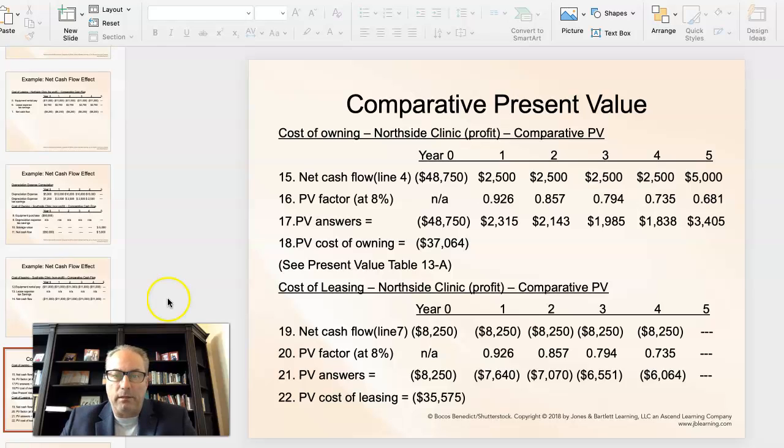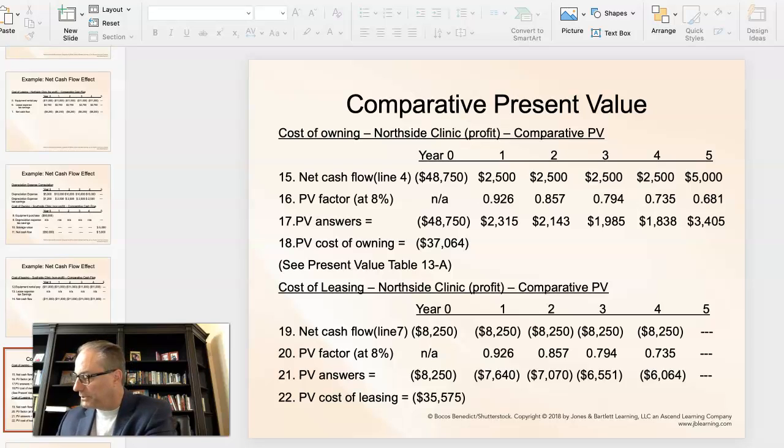So what does that all mean? Well, we're going to factor that in. You're going to need to find your table, and I'm not sure that was presented anywhere, but it is found on page 141. You look at 8%, and that's where you're going to find your present value factor of 0.926.